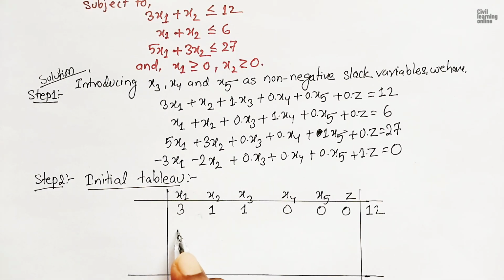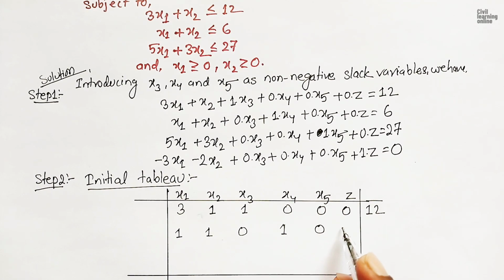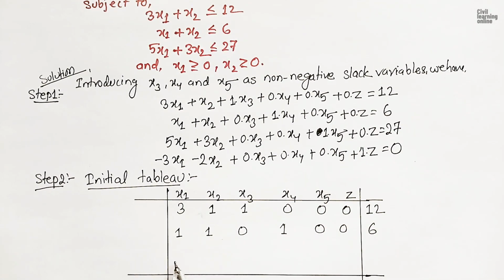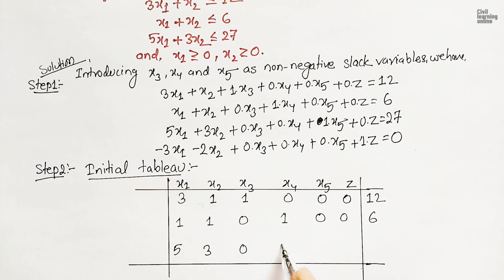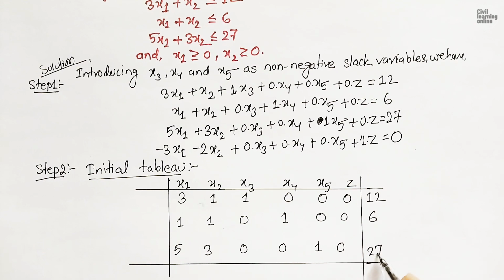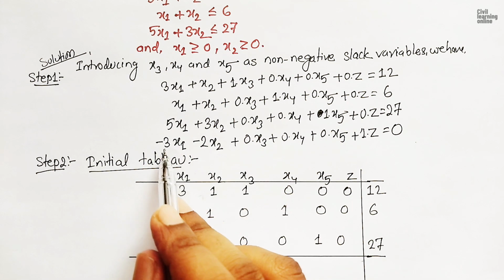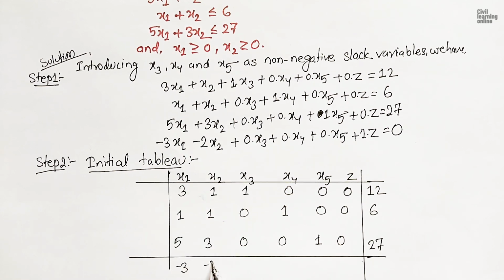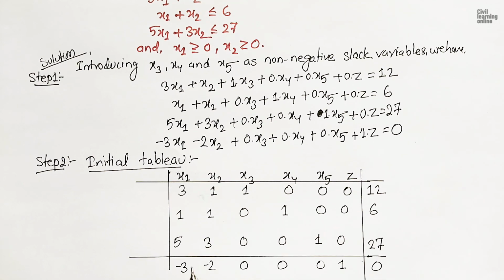The second row is 1, 1, 0, 1, 0, 0 and 6. And again we have 5, 3, 0, 0, 1, 0 and 27. Below this line we write down the elements of the objective function, which are minus 3, minus 2, 0, 0, 0, 1, 0.